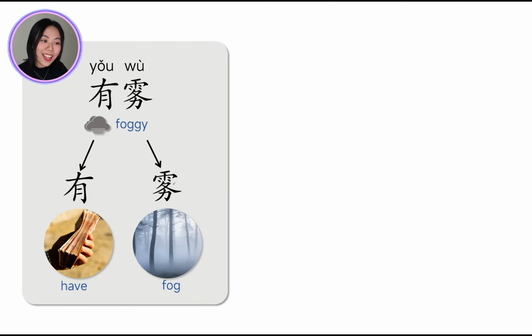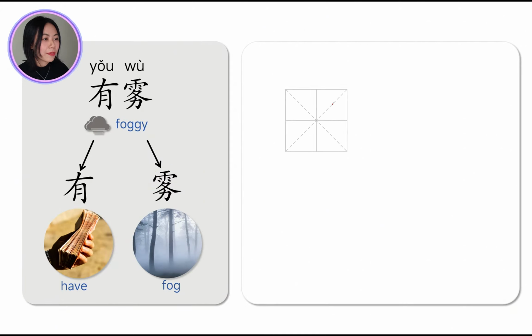So see, again, the 雾 has a rain radical in it. Okay? Let's try to write it in the 田字格. 有 1, 2, 3, 4, 5, 6.